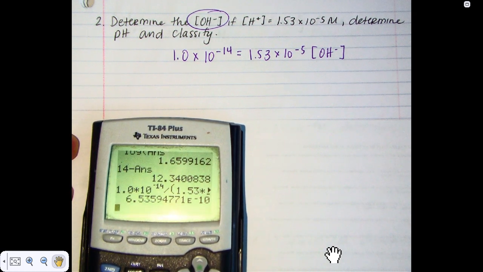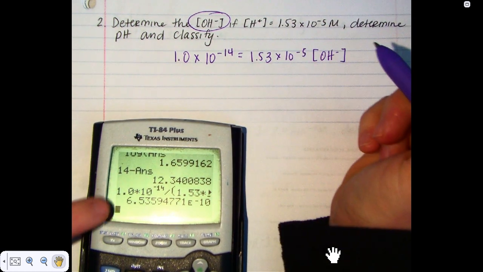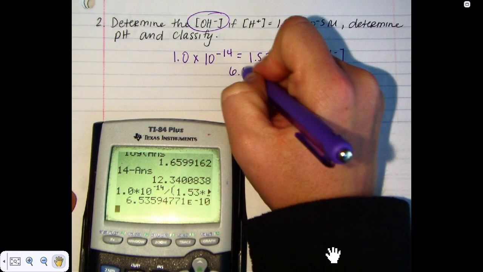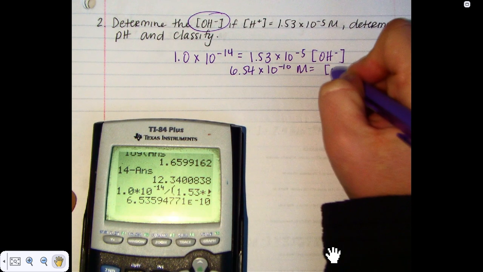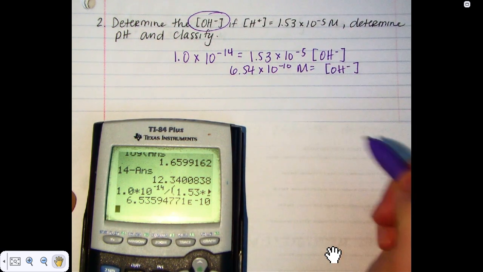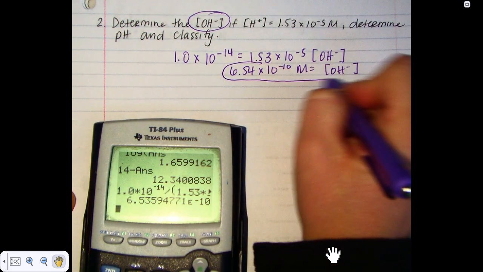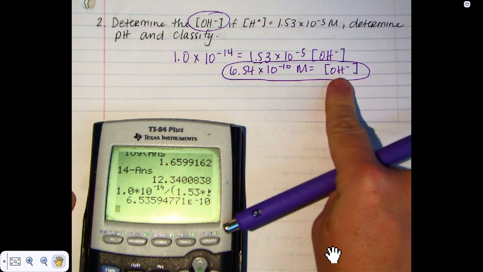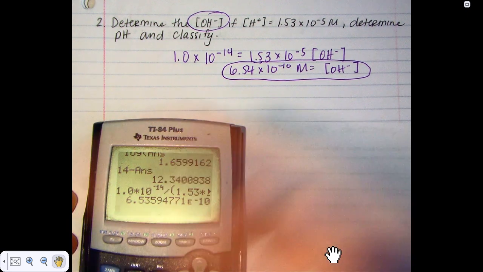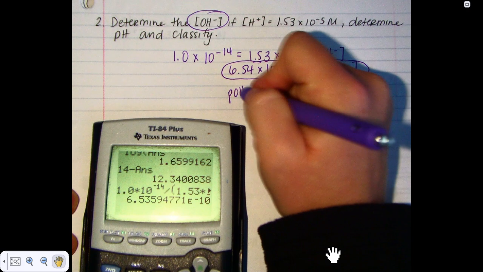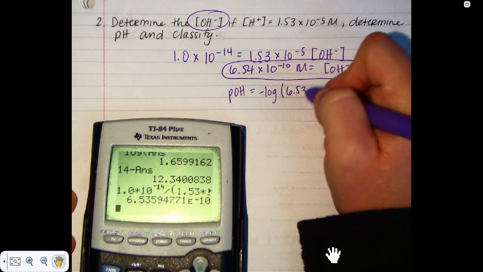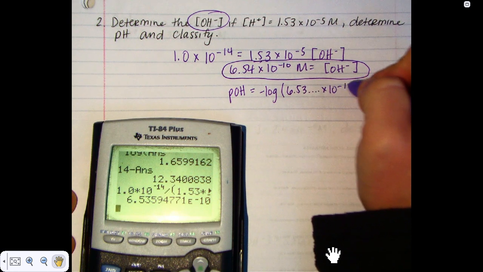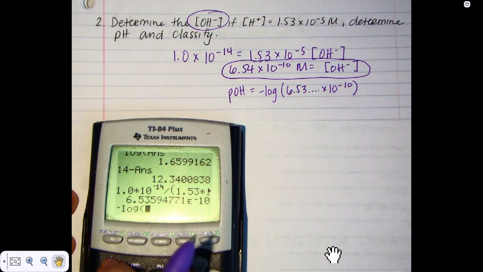All right, and let's see, 3 sig figs. So 1, 2, 3, 6.54 times 10 to the minus 10th molar is my concentration of OH minus. All right, so that's my first answer. Now I need to find the pH because this is OH. I know when I negative log it, it's going to give me pOH. pOH is equal to the negative log of 6.53 times 10 to the minus 10th. Negative log, second answer.